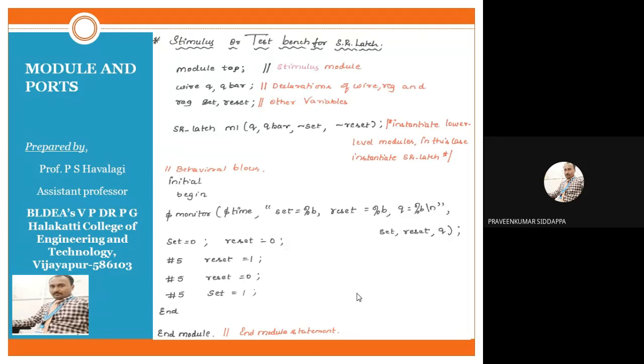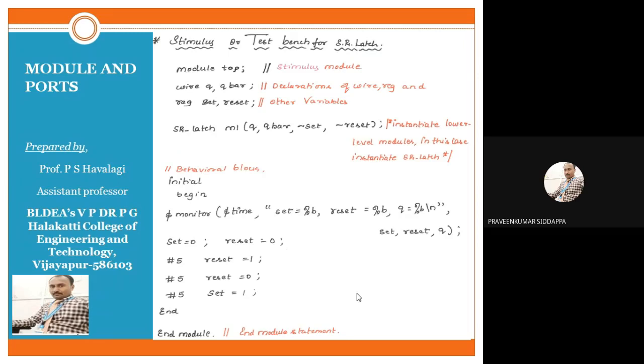Okay, which one should be the third combination? What is that? The third combination is 1, 0: after 5 time units, reset is the same thing, 1 only.